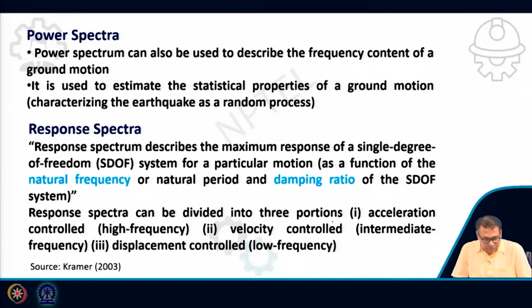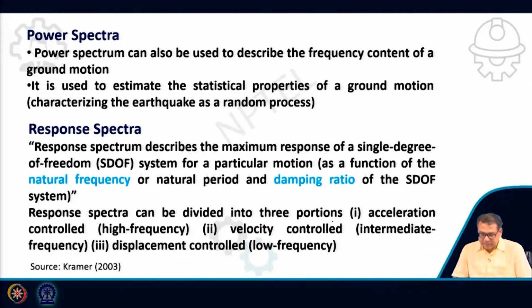Response spectra can be divided into three portions: the acceleration control, which is the high frequency zone, then the velocity control, which is the intermediate frequency, and the displacement control, which is the low frequency. In the last class I have discussed that in the high frequency zone acceleration is more sensitive, in the intermediate zone it is velocity, and in the low frequency zone displacement.